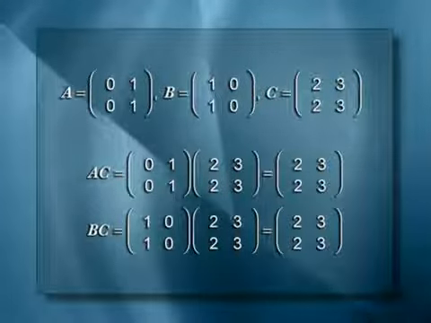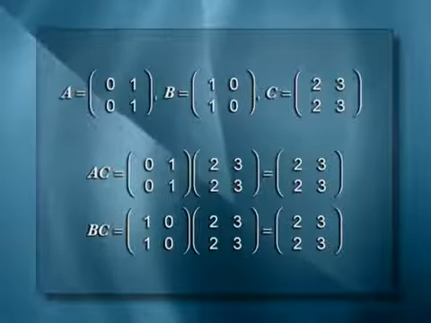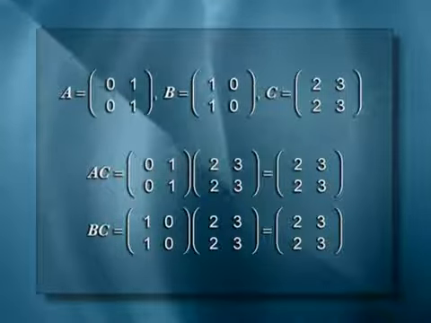So AC and BC are equal to each other. But notice that A and B are not the same matrix. So that's a quick example to show that that cancellation property, unfortunately, is not true with matrices.